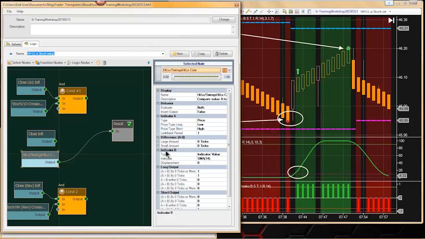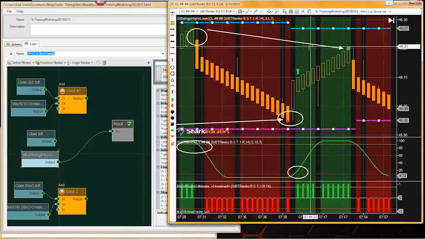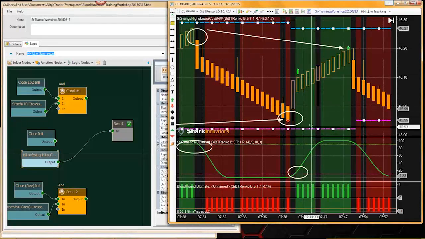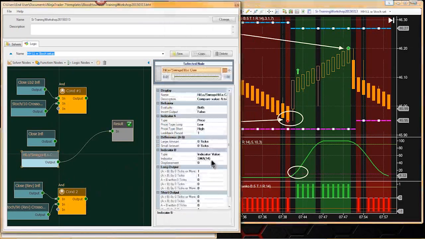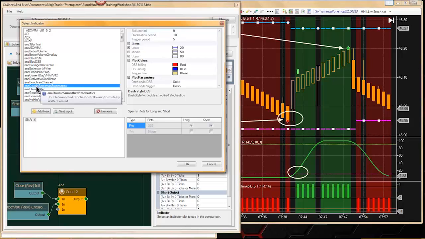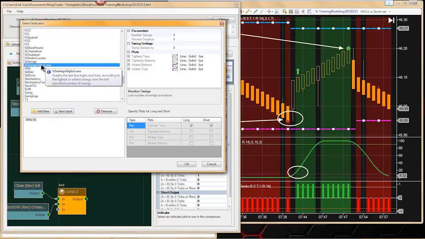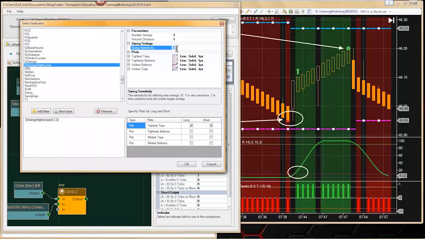All right, so now we need to set up indicator B. We need to set that up to be looking at our swings high-low plot lines here, the magenta and the blue plot line. So let's set this indicator up. So there's our indicator, and I need to bump the sensitivity up to what I have on the chart, so that's set to 7.